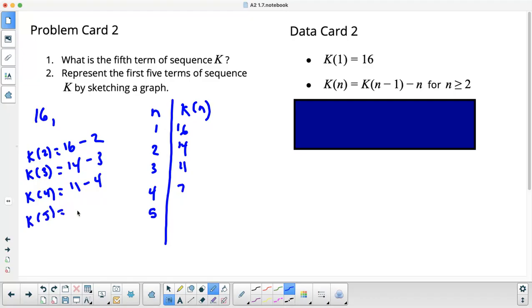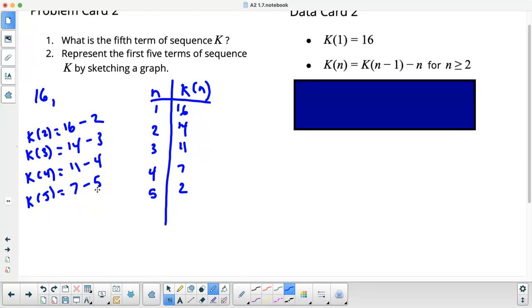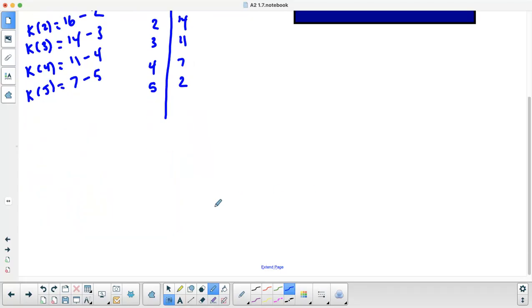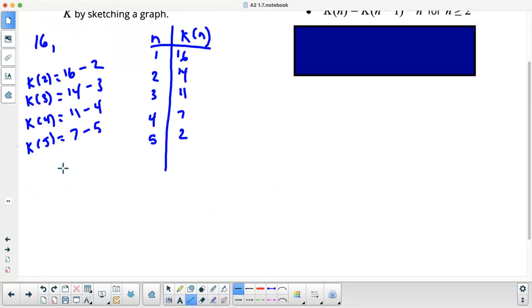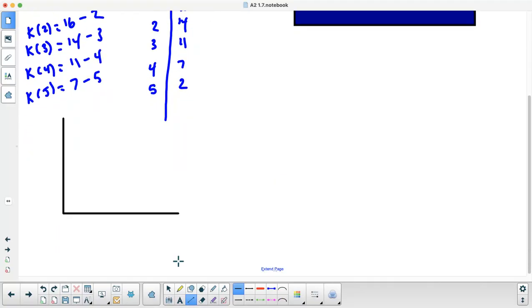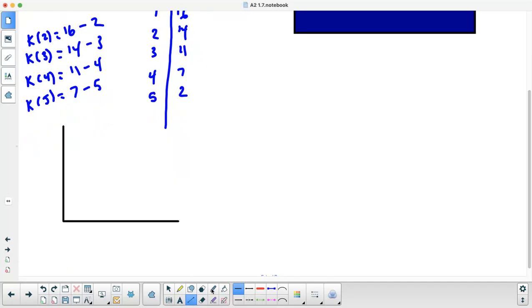And if I want to find the fifth term, I take the previous term, that's the k of n minus 1, and I subtract n, so I get that. Okay, so there is my table. I guess it didn't say to make a table, but now we have to make a graph. So let's go ahead and let's make a graph here. So here's term number.